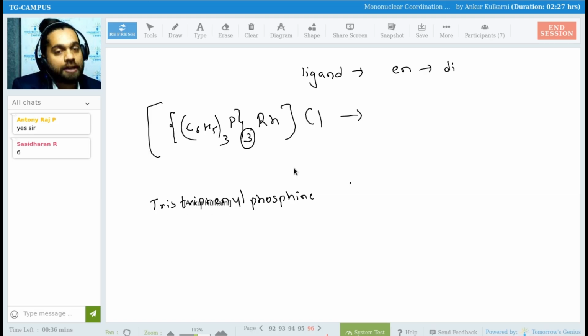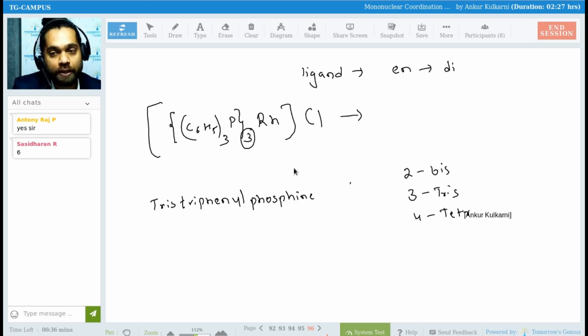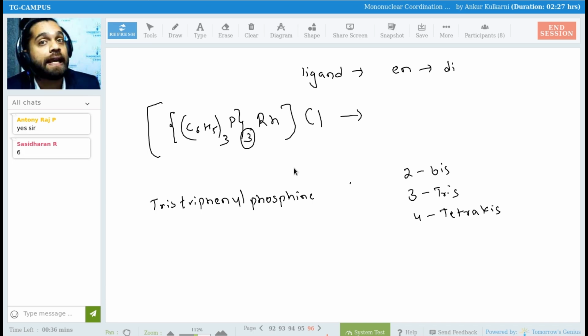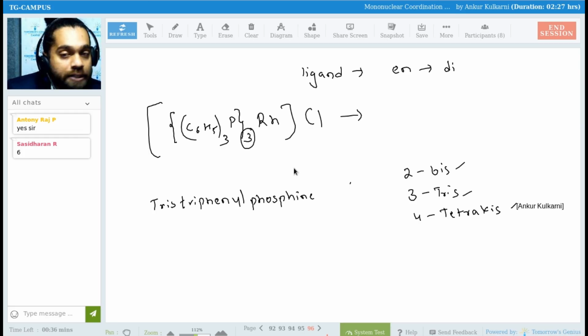So this is tris triphenylphosphine. Okay, so 2 is bis, 3 is tris, 4 is tetrakis. Even if the number is in between, for example ethylene diamine, that di is in between, but if I have more than 1, 2 ethylene diamine, I will use bis, tris, tetrakis.